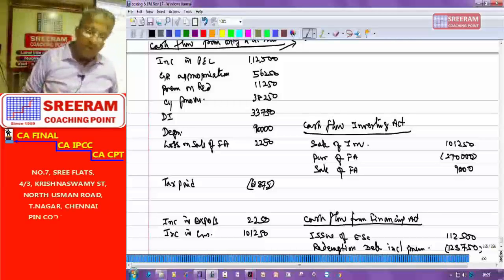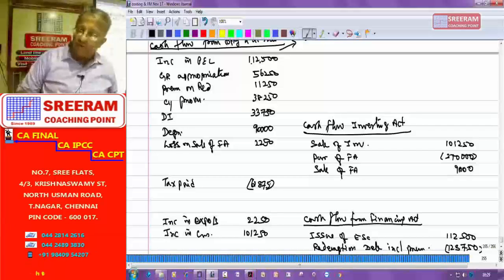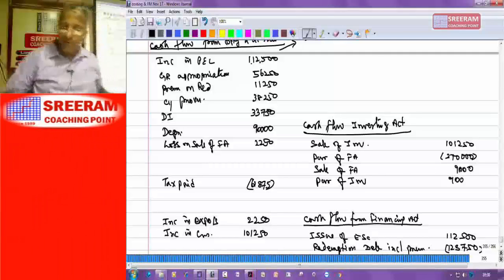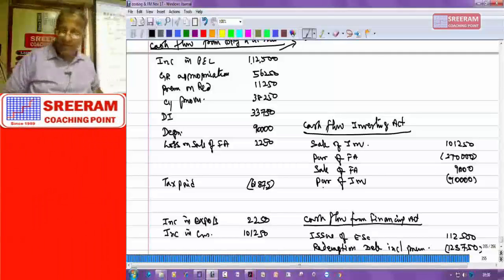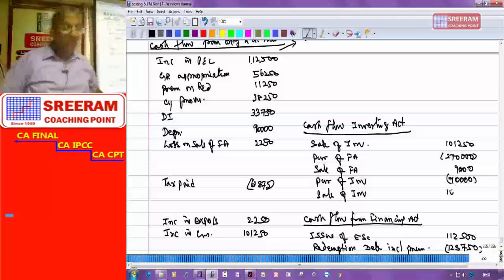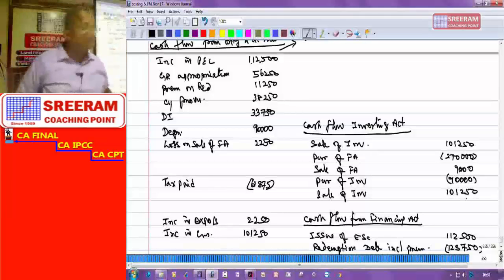Next one, 61,875 tax paid. Fixed asset over. Long term investment. Purchase of investment. How much? 90,000 within brackets. Sale of investment. 101,250 without brackets because it is an inflow.